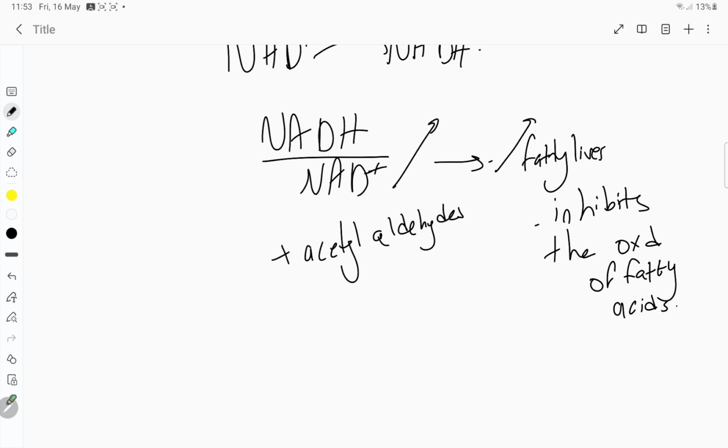Alcohol use has also been shown to reduce export of fat from the liver. All these events lead to fat accumulation in hepatic cells.